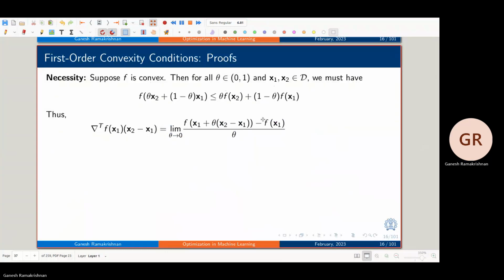So I'm saying this entire expression, the limit, is less than or equal to the limit as theta tends to 0 of theta f of x2 minus theta f of x1, the whole thing divided by theta.